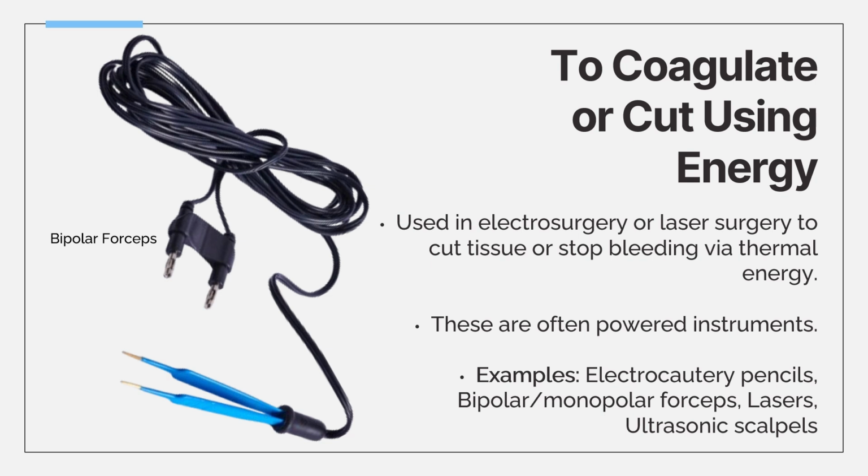This technique obviously helps minimize blood loss, which is crucial for patients' stability. An example we have here is a bipolar forceps. It's not much different from other forceps. It just allows surgeons to cauterize wounds with it.